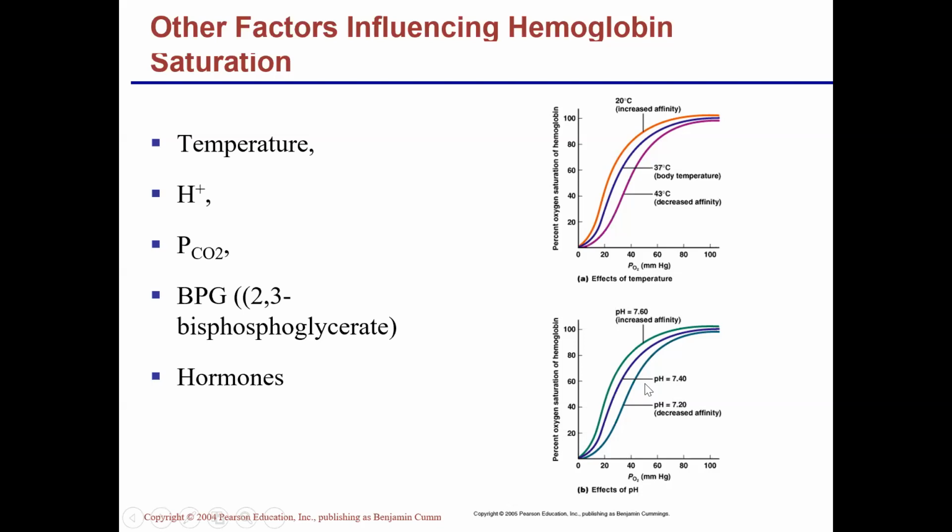That means more oxygen will unload from hemoglobin. If you have more CO2, that means the metabolic rate is higher, and that's why you have more CO2, the waste, right? If your metabolic rate is higher, then you want more oxygen to support these chemical reactions.